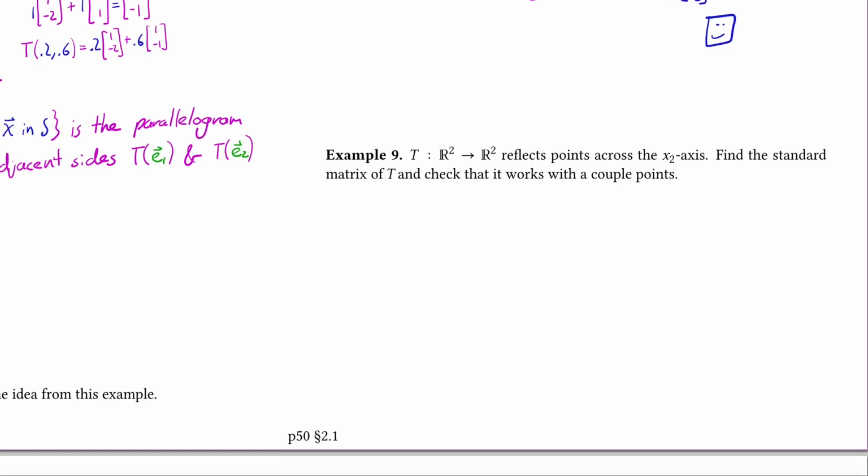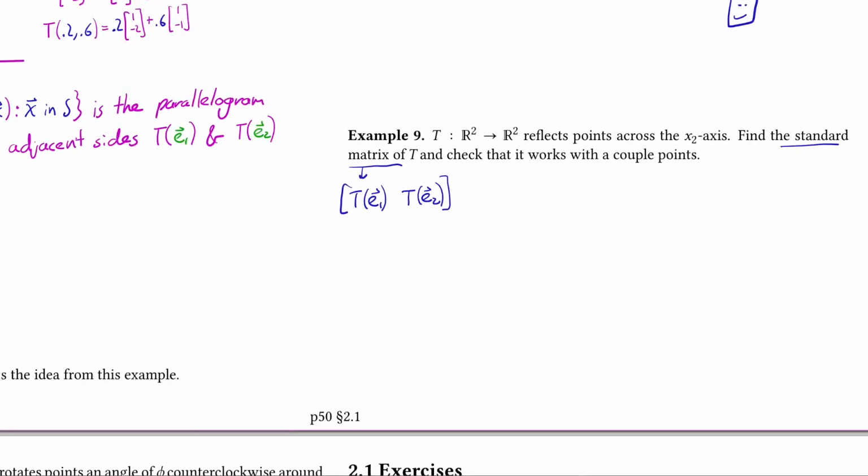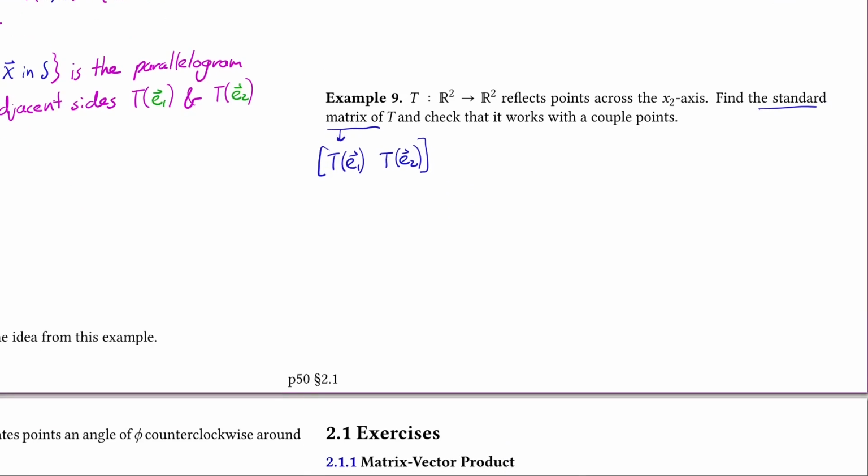Okay, so the standard matrix of T has T of e1 and T of e2 as the columns. And at this point, by the way, I'm going to give up on this color scheme. That was taking too much mental effort to keep up. So what is T of e1 and T of e2 if T reflects points across the x2 axis?